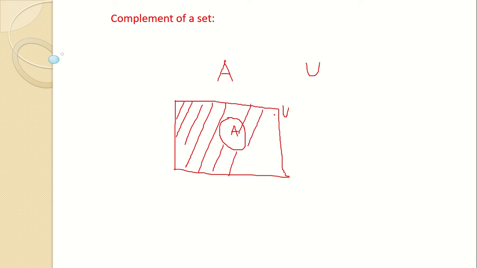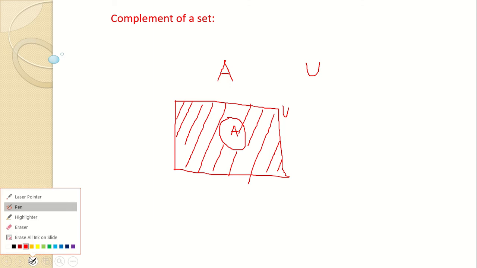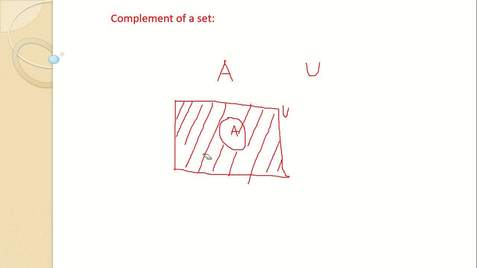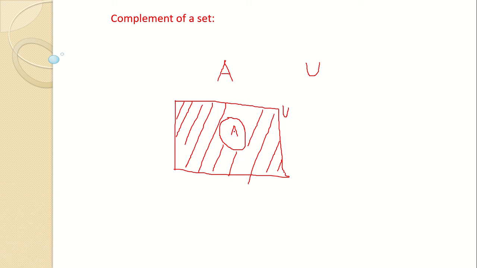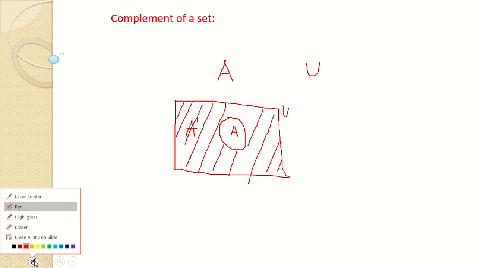Whatever part is outside the boundary of A, we call it A complement. So this shaded part, which is outside, is basically A complement.